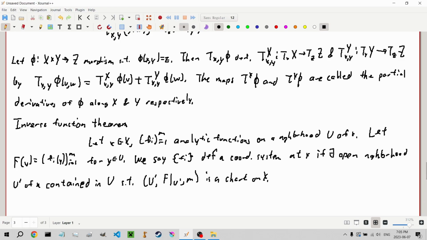We have a theorem here, which states that the following are equivalent.